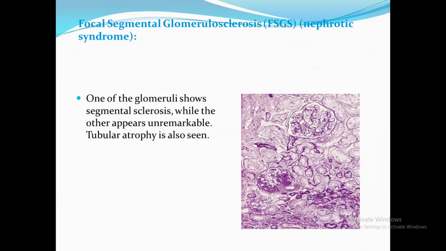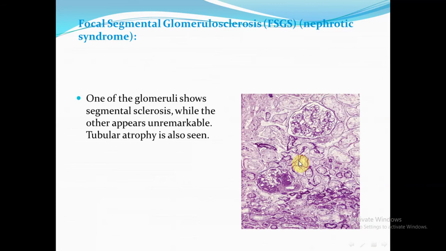The second nephrotic syndrome is focal segmental glomerulosclerosis. What is focal and what is segmental? Focal means part of the glomeruli, not all the glomeruli, some of the glomeruli are involved. So I see a glomerulus that is normal and this one is involved by the sclerosis.